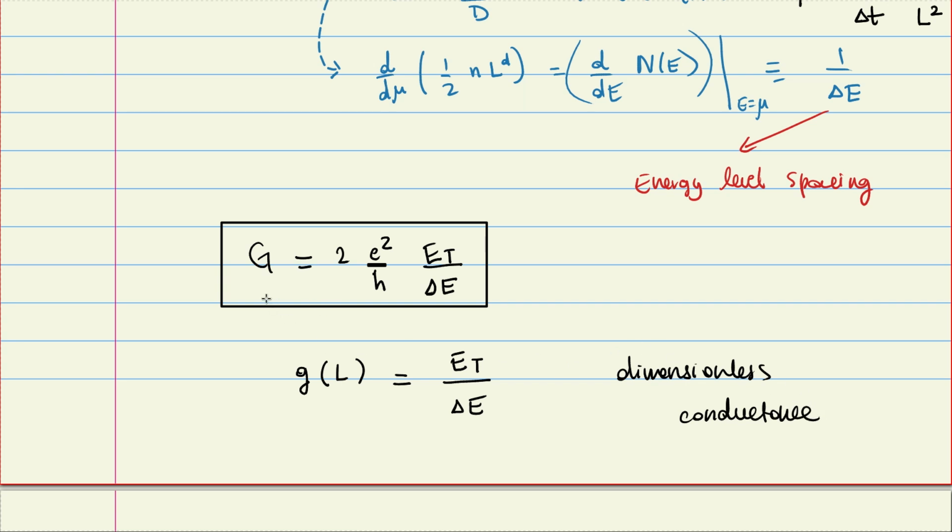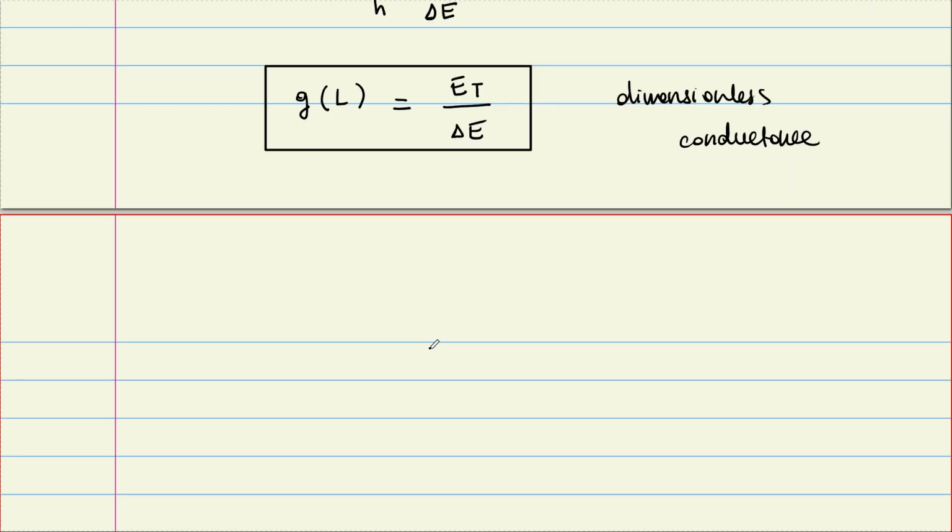And actually, let me take this box to here. So we derived this from the Einstein relation, but the Einstein relation is a seemingly classical result that comes from Boltzmann transport. But this is actually more general than that.